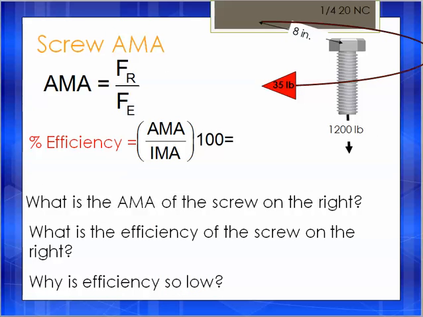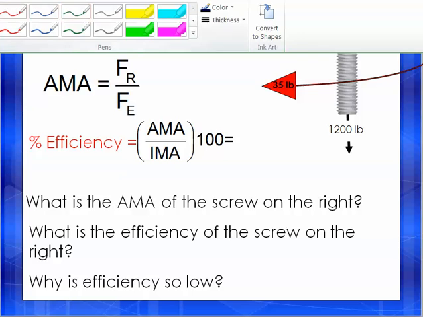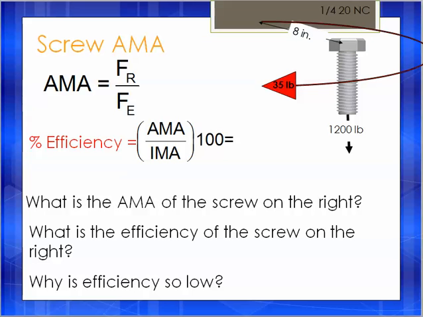Now the actual mechanical advantage is going to be the resistance force to the effort force, and the effort force is what's going to go on the bottom. So as we go about calculating this one, this is the actual. My resistance is going to be 1,200 pounds, and the effort it takes to turn with that 8-inch wrench is going to be 35.